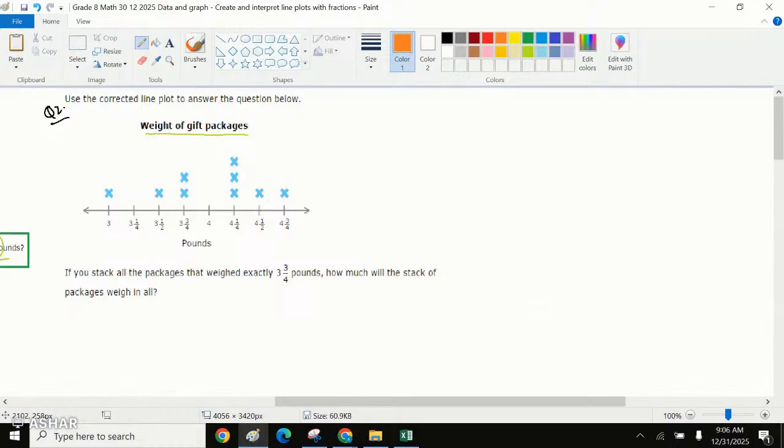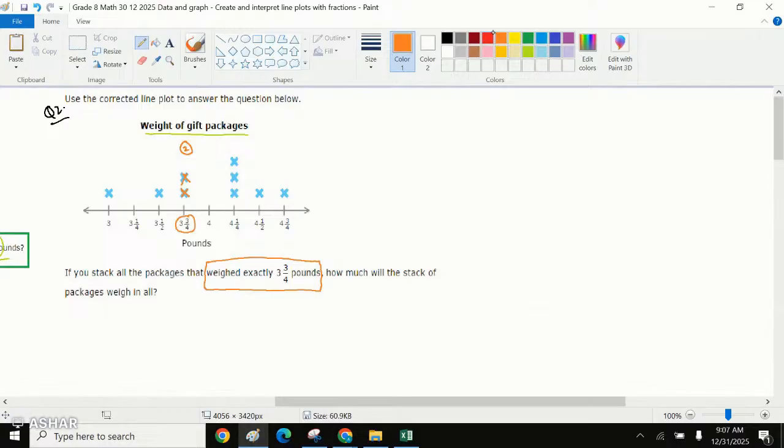But the question changes. What they're asking, if you stack all the packages that weighed exactly, they're saying it should weigh exactly three and three quarters, right? So how many packages do we have with three and three quarters? There were two packages, right?